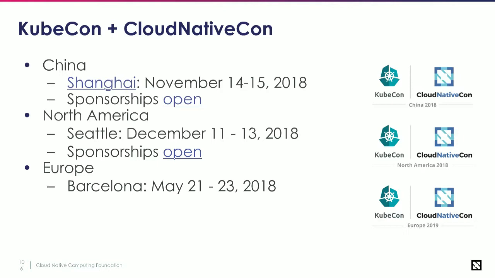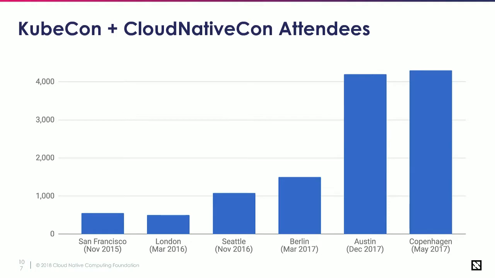And so if you are interested in this space, want to learn more, but also kind of drink from a fire hose, that is the best place to do it. And I'll just finish showing the growth for our events, where we went from 500 3 years ago in San Francisco to 4,200 in Austin in December, 4,300 in Copenhagen.